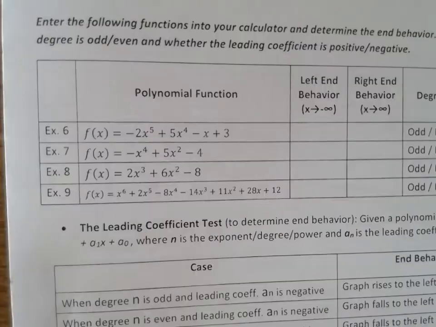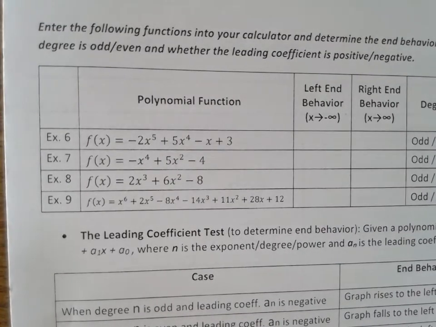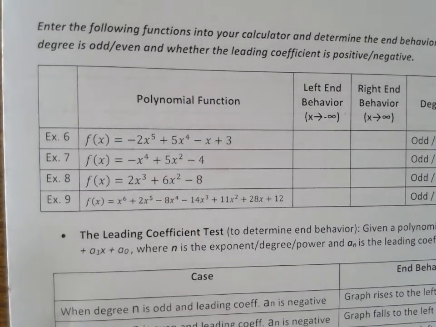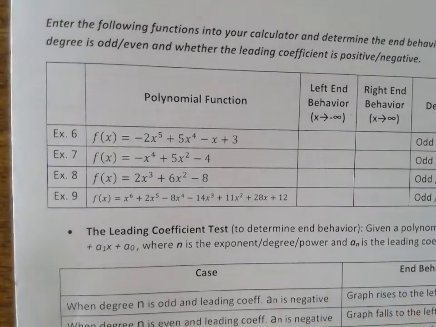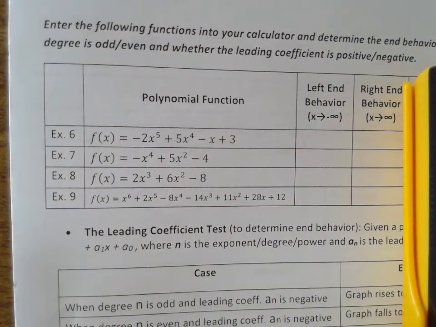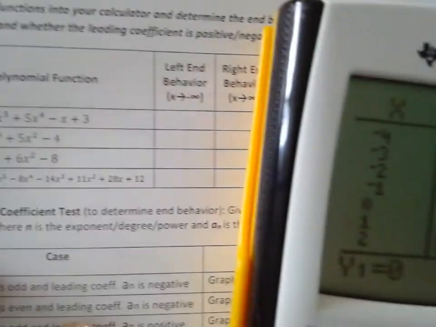Here we go. So let's read the instructions. Enter the following functions into your calculator and determine the end behavior. Identify whether the function is odd, even, and whether the leading coefficient is positive or negative. Get your calculators every day when you come in. Now, eventually, we're going to get to a point where we don't have to put these into our calculator to realize what they're doing. So everybody join me in y equals.